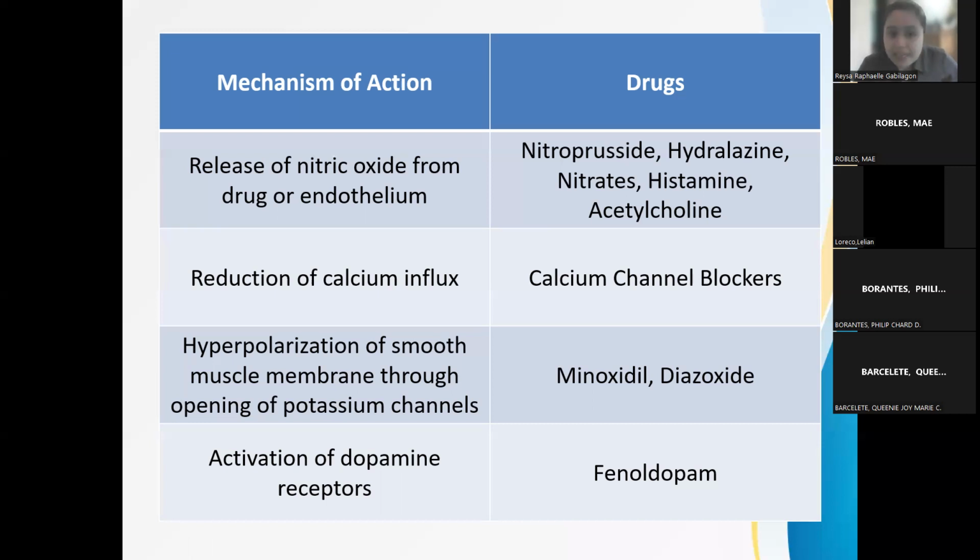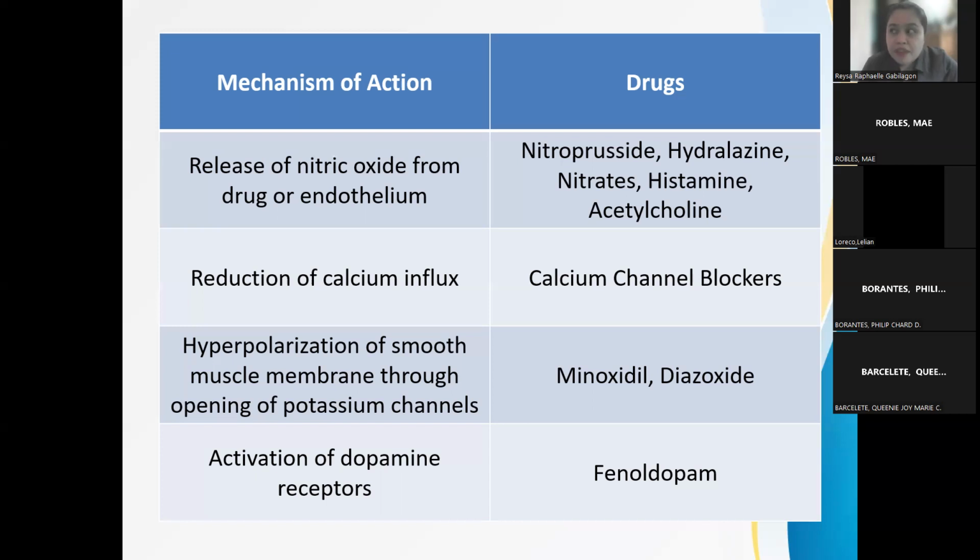These two we can group together because their activity in the body is the same. They cause release of nitric oxide. Either the drug itself is metabolized and then releases nitric oxide, so nitric oxide increases in the body, or these drugs trigger our endothelium, our blood vessels, to release their own nitric oxide.